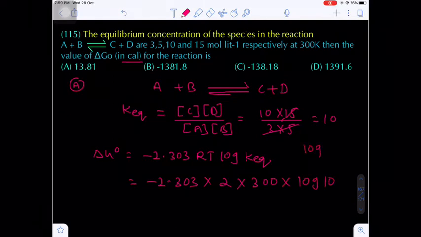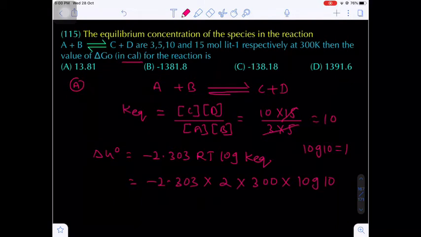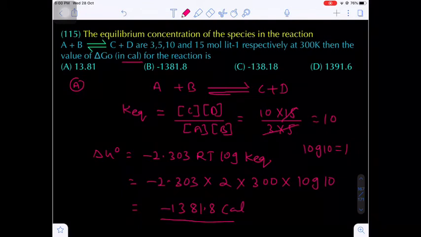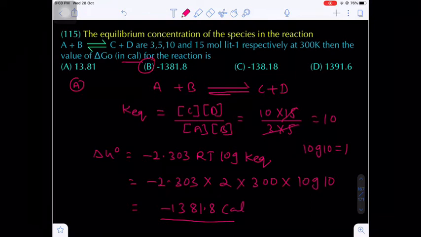We know log 10 value is 1. After simplification you will get the answer, minus 1381.8 calories. That means option B is the correct option.